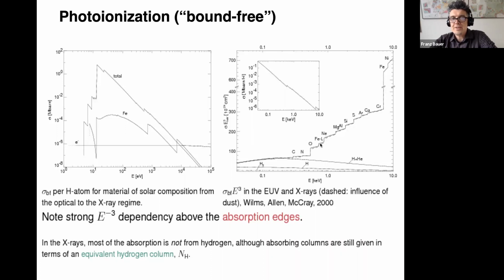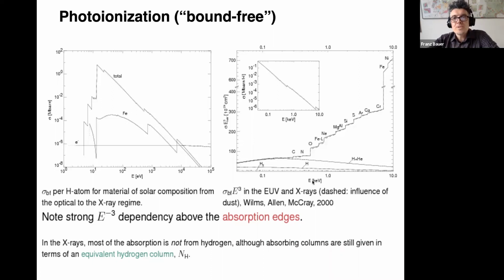You have the iron L shell, so this is the second shell. Then you have neon, magnesium, aluminum, etc. And then iron, the K shell here, has a huge cross-section. This is again what is shown here, where this jump comes in. This is in eV, this is in keV.